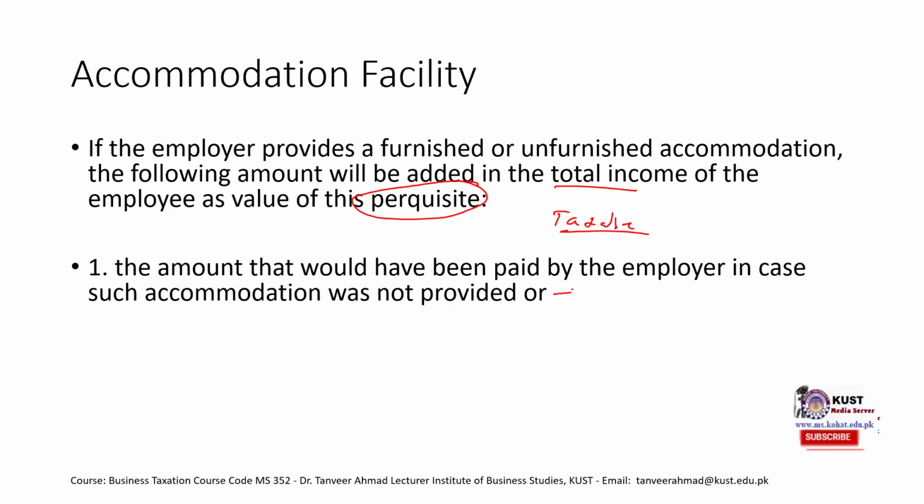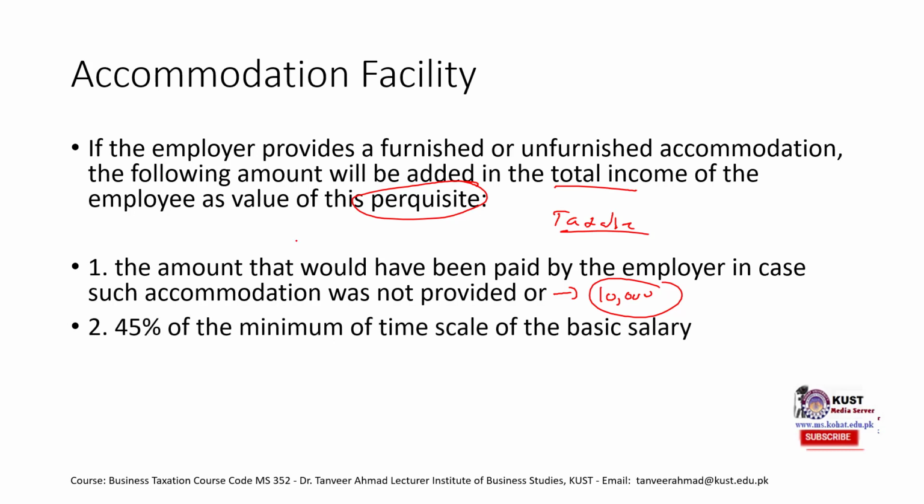So for example, if the employer did not provide an accommodation, he would have to pay 10,000 rupees as an allowance. Then this is the first amount that we are talking about, the amount that would be paid by the employer if the employer does not provide us the housing facility.